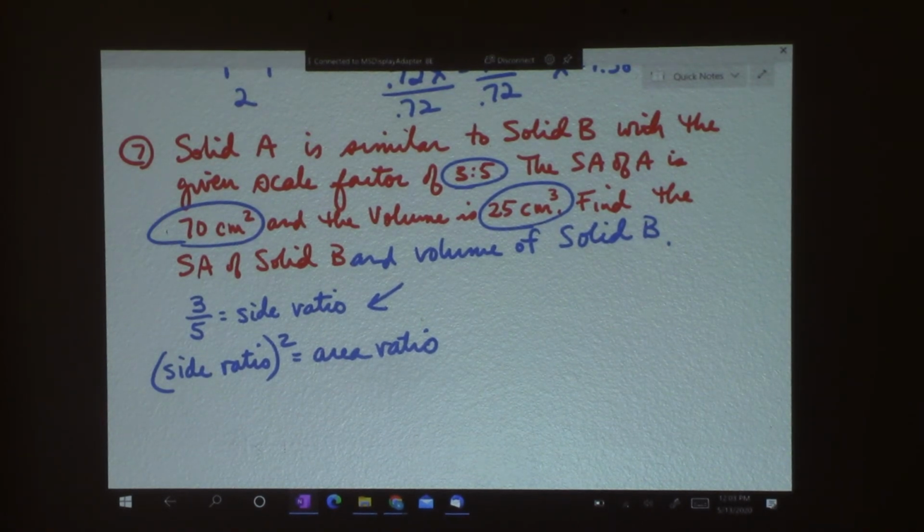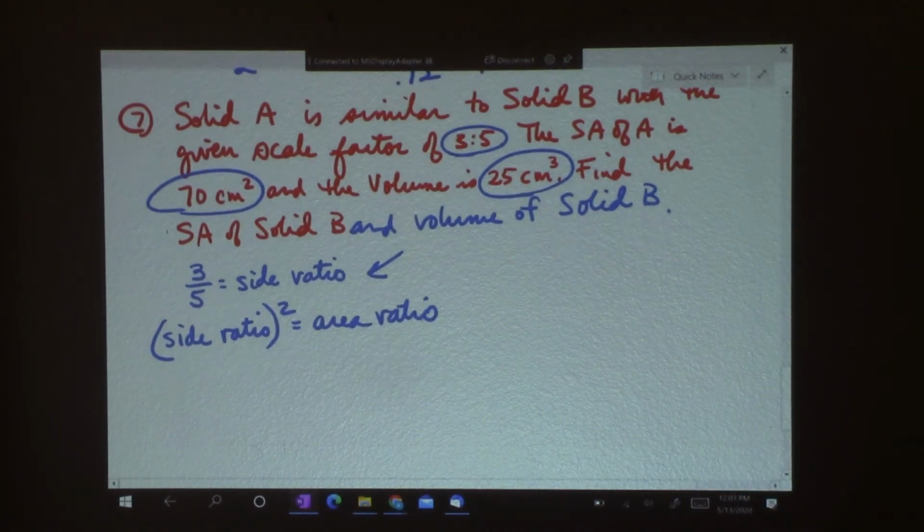So I have to do it twice. Okay, so that means that 3/5 squared is 9 over 25. That's my area ratio.